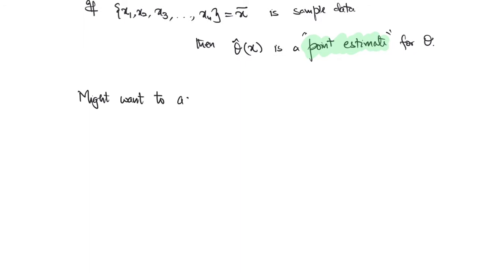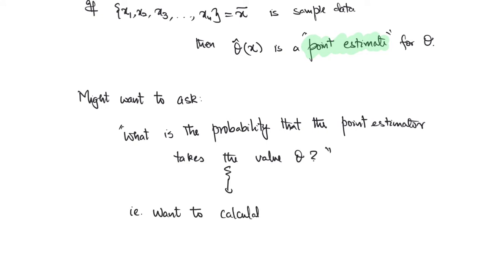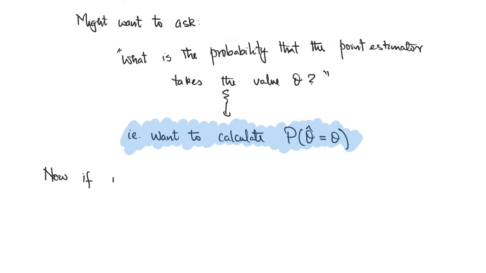What is the probability that the point estimator takes the true value of the population parameter theta? That is, we want to calculate the probability that the random variable theta check takes the value theta.